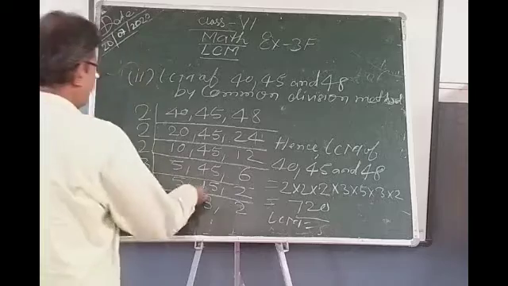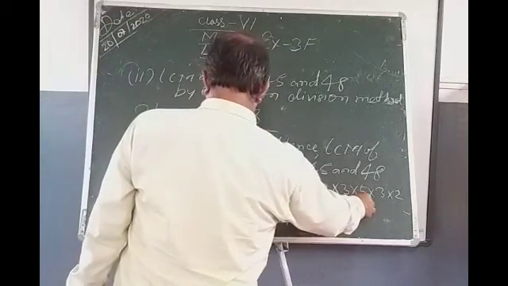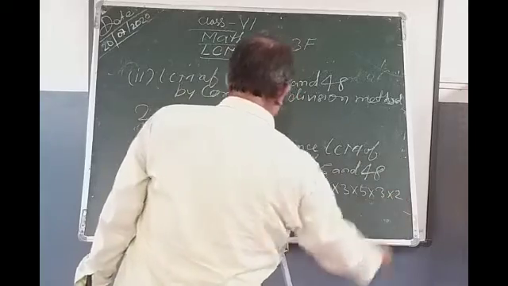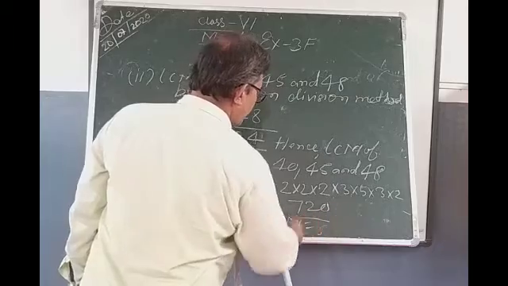Now you find the product of 2 into 2 into 2 and 3 into 5 into 3 into 2. At last, LCM is equal to 720.